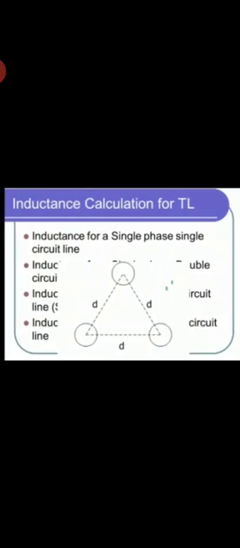The cross distances are given by root 2 into d, by the Pythagoras theorem. So remember, in the single phase double circuit line we have four conductors displaced by the distance d meters.